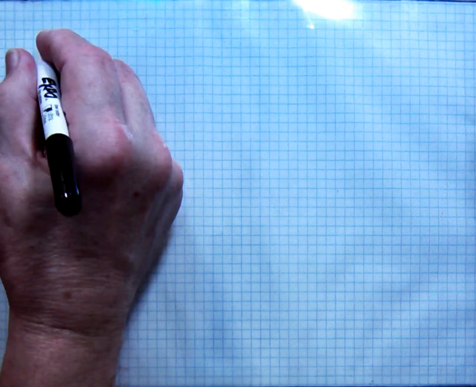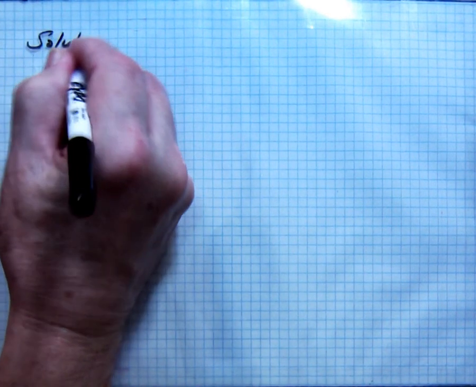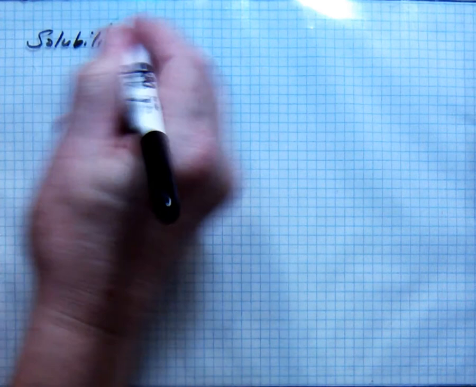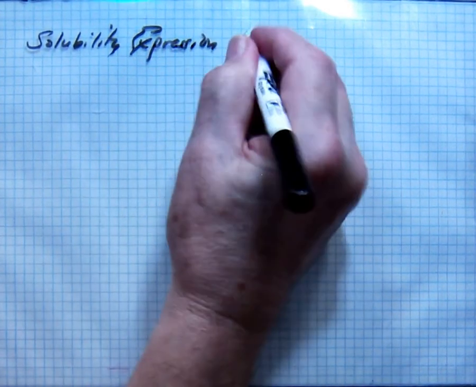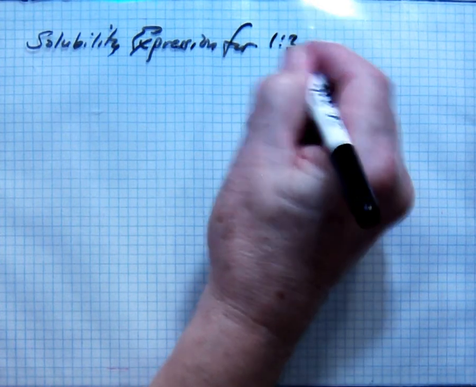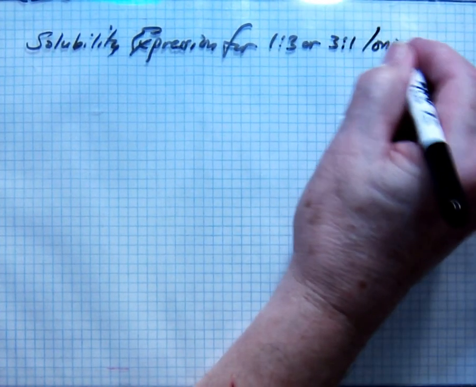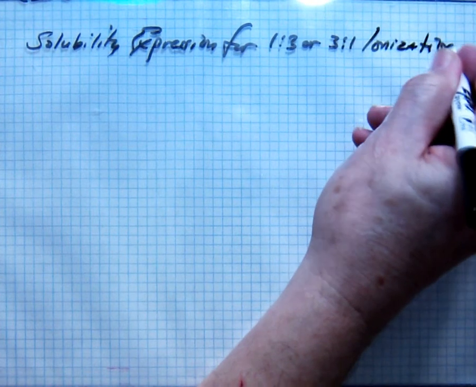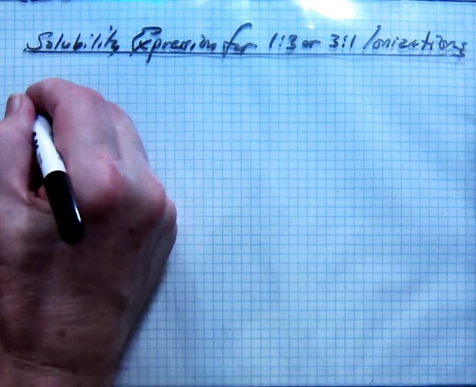Okay, so let's say we want a solubility expression for 1 to 3 or 3 to 1 ionizations. Aluminum hydroxide is a good example.